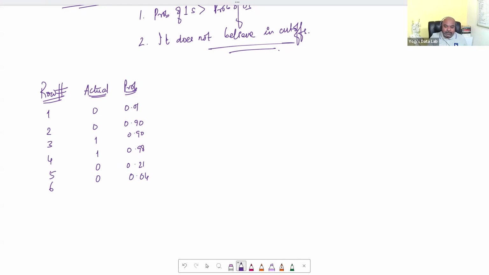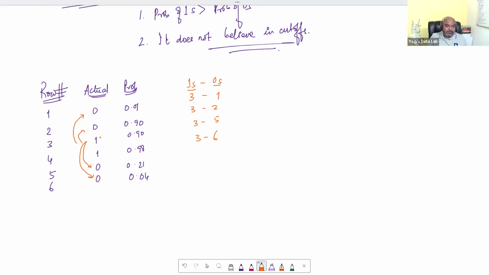Now when concordance starts working, it first creates the pairs of ones and zeros. So let's write ones here and zeros here. The pairs that are going to be created are row 3 with row 1, 3 with 2, 3 with 5, and 3 with 6.